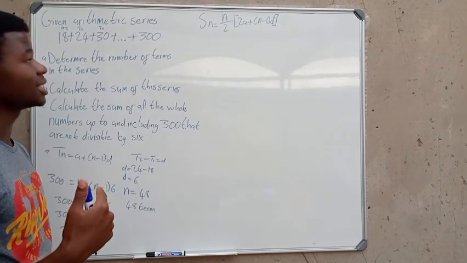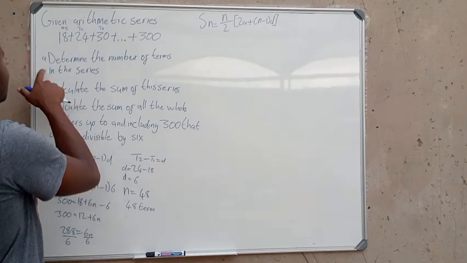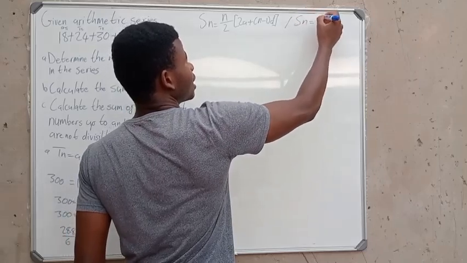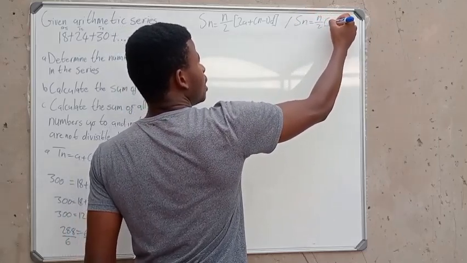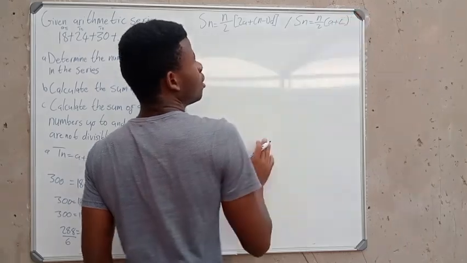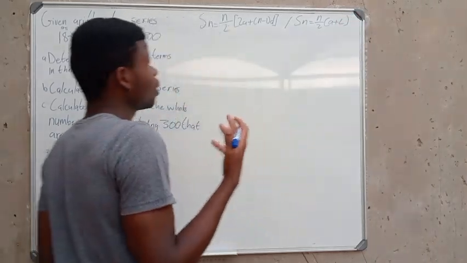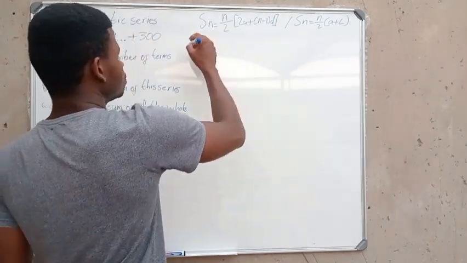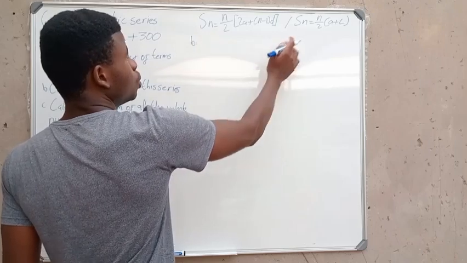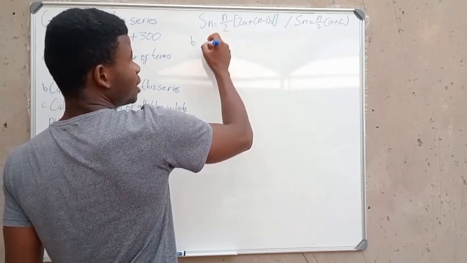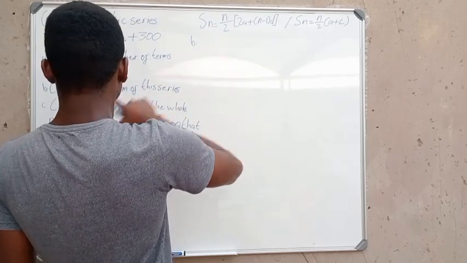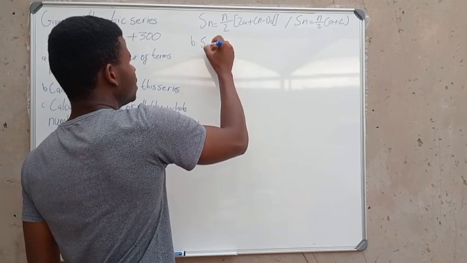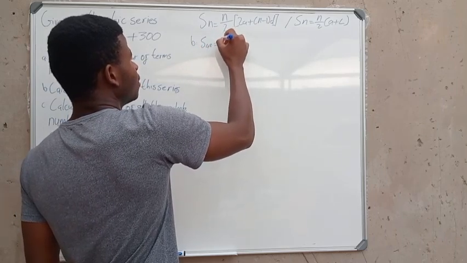When they say calculate the sum of this series, you're going to use this formula right here, n over 2 (a plus l). To save time, let's just use this one. Sn, so S48, is equal to what?